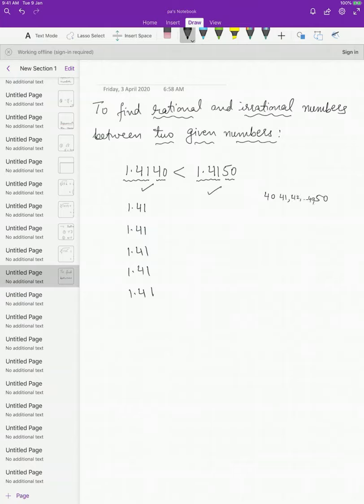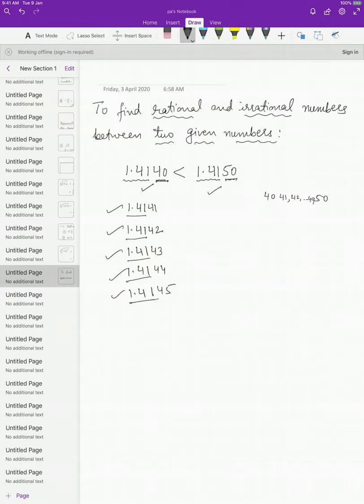So if I write here 41, 42, 43, 44, 45. Is it clear that these numbers will definitely lie between these two given numbers? Because till 1.41 both the numbers were the same, so our numbers will also have 1.41. After that, between 40 and 50 we have written these numbers: 41, 42, 43, 44 and 45. So that makes sure that these numbers lie between the two given numbers.